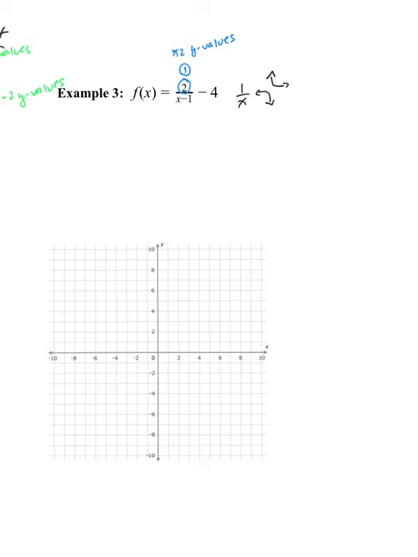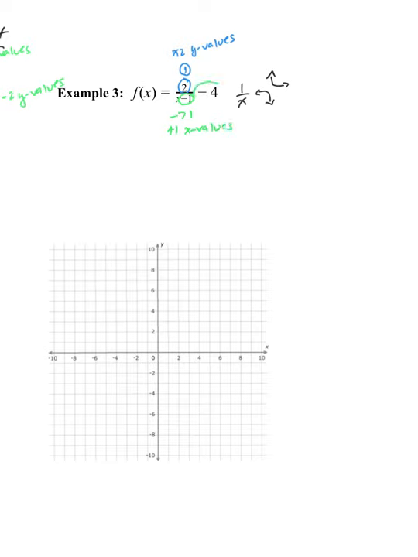So we don't need to flip it, now we just need to shift it, and I do see some shifts. I see one shift there. This is inside the function. Remember, anything in the denominator is technically inside the function. So we're shifting it left or right horizontally. X minus 1, that is a horizontal shift to the right 1, which means I'm going to add 1 to my x values.